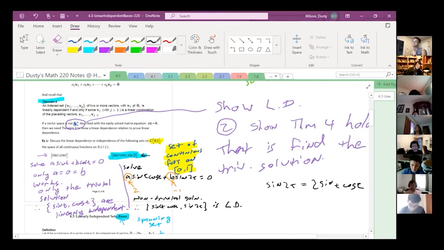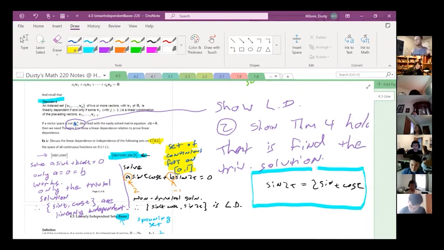Here we're showing what's going on in theorem 4. Let's see if we can get our colors in here. If some vj, the vj would be this one, notice it's the second one on the list, is a linear combination of the preceding vectors. Here are the preceding vectors on the list.